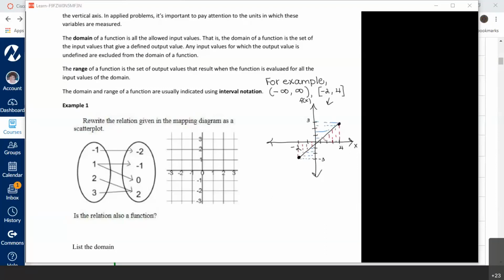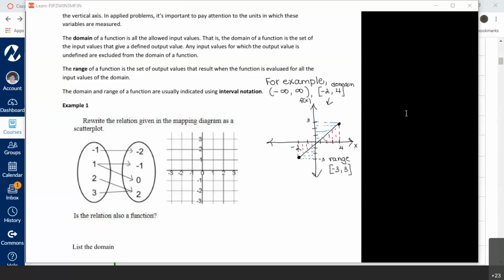So this function has a domain of [-2, 4] and a range of [-3, 3]. Okay, is that helpful? Is that helpful as a review? Okay, anybody have questions about anything I've said?